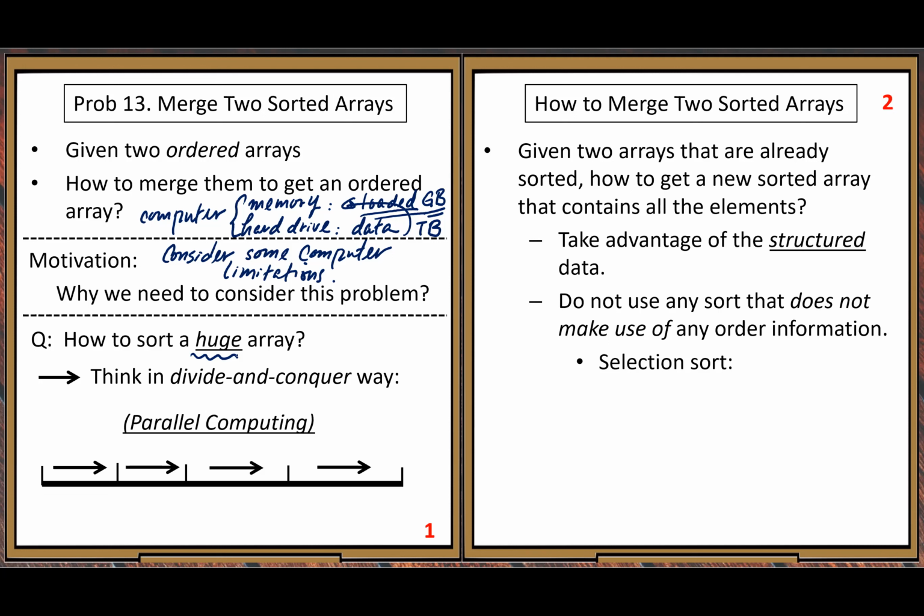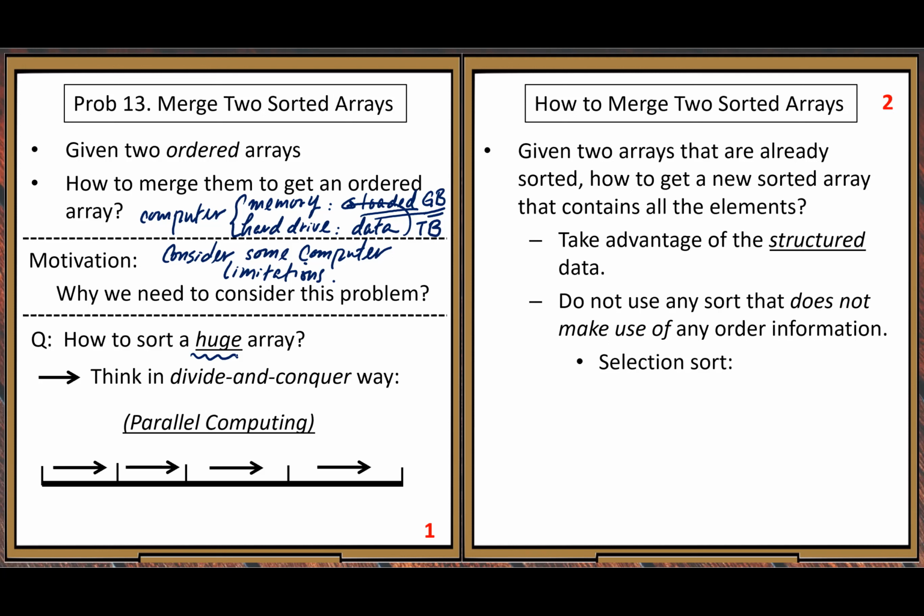First, let's look at selection sort. Let's recall, when the array is already ordered, if we apply selection sort, can we get a better efficiency? We know it's already ordered, but we just assume we do not know it.